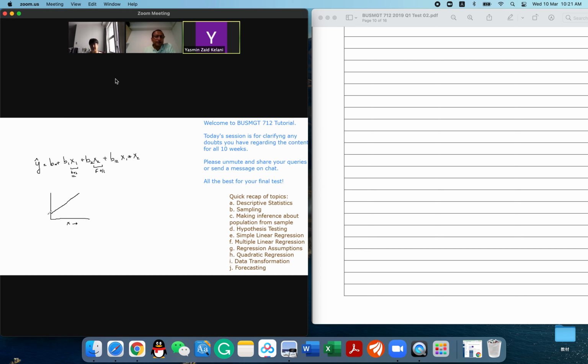This is going to be B0, this is going to be B1. So every hour worked extra, I get a sales extra of B1. But then there is this impact of female being yes or no. When I apply this, all it is telling me is that if it's a female, then I have a curve that looks like this.